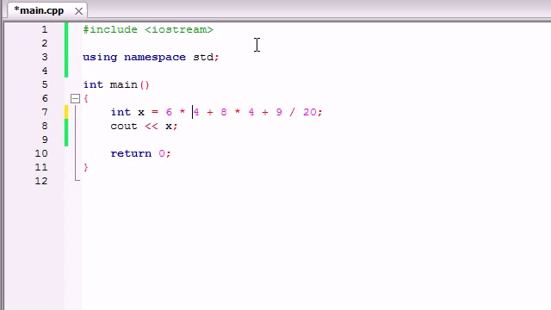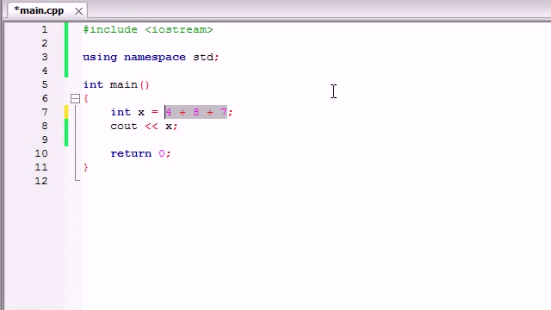It does all the multiplication and division, which would be this, this, and this, first, and then it does your addition and subtraction. If you just have like 4 plus 8 plus 7, is it going to do 8 plus 7 first or 4 plus 8 first? It really doesn't matter. It comes out the same either way.